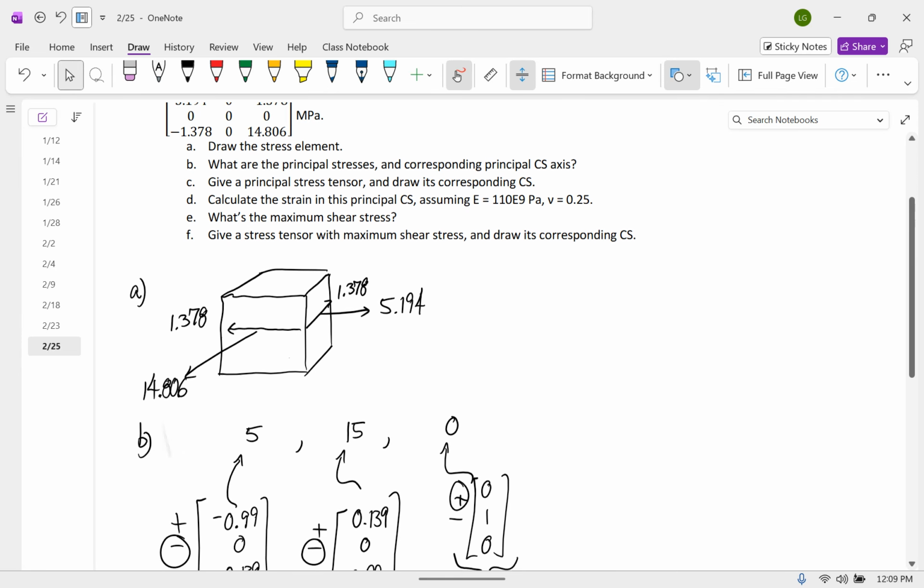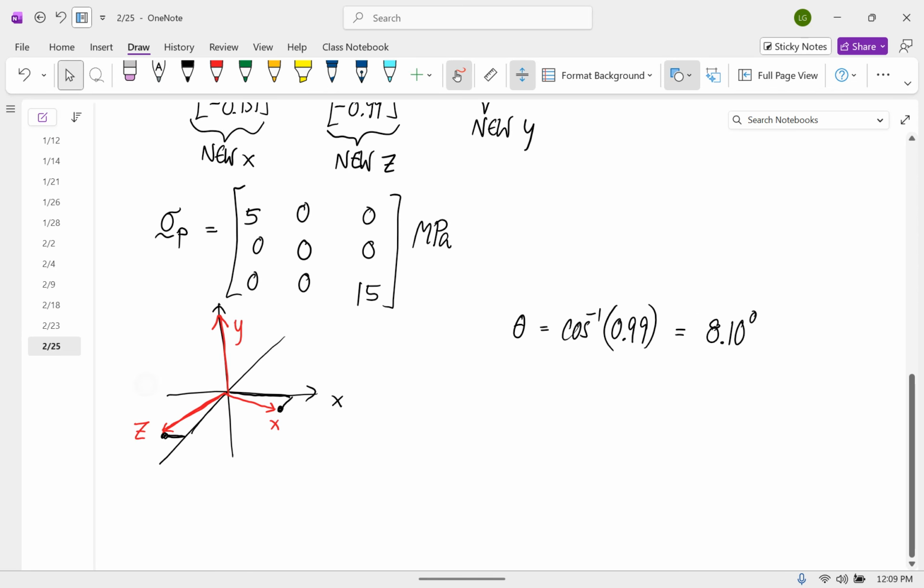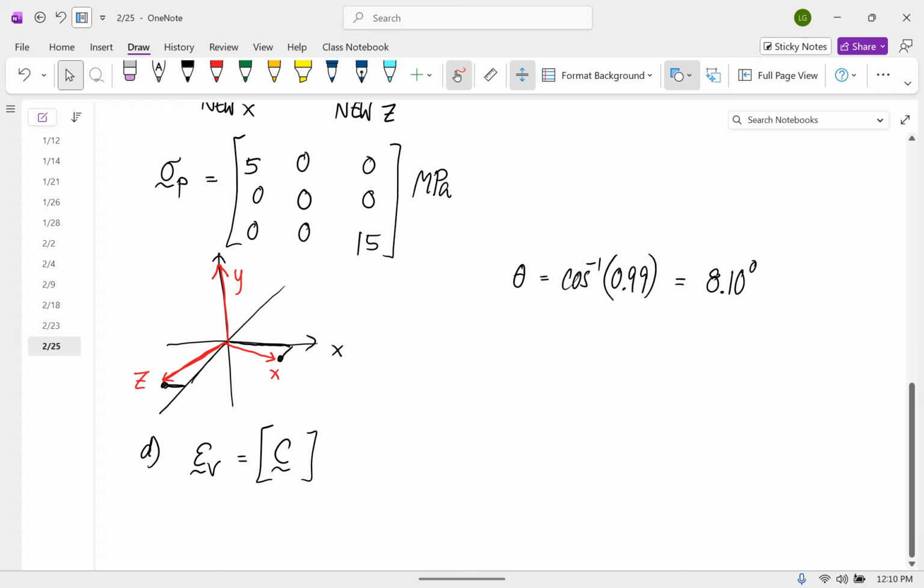Okay, so my Voigt strain is equal to the compliance matrix times my Voigt stress. And we have to be careful here, the compliance matrix is almost always in pascals. So we need to represent the stress in pascals. So this is 5 times 10 to the 6, 0, 15 times 10 to the 6, 0, 0, 0.